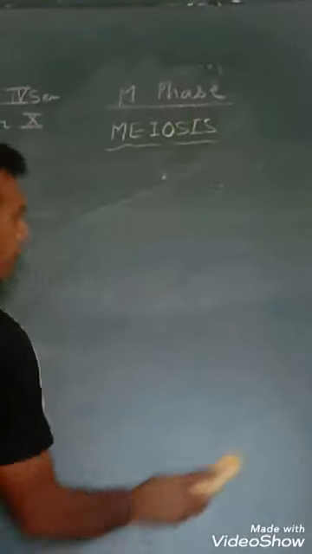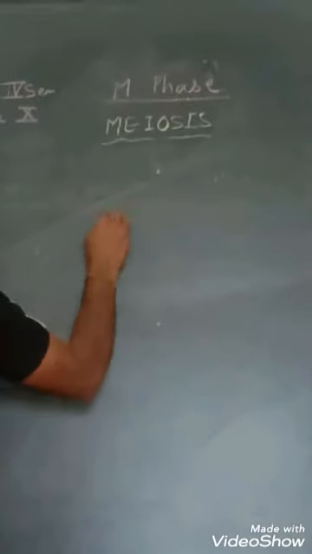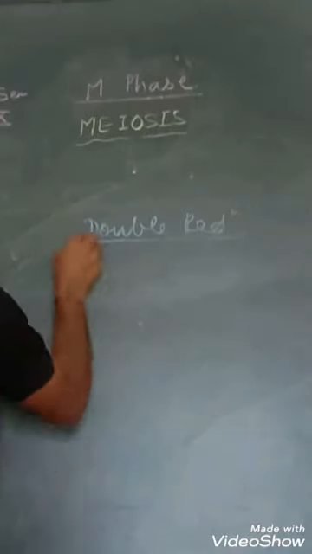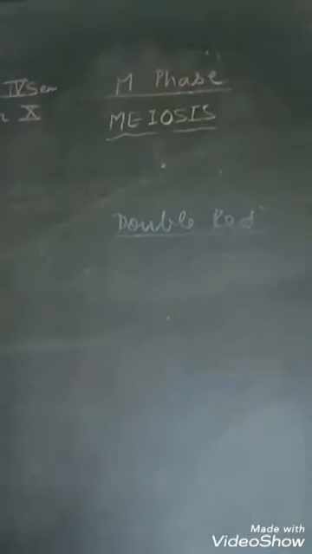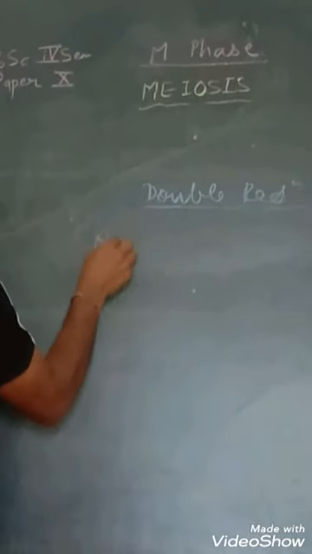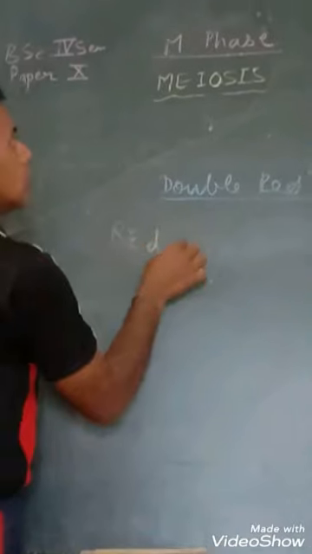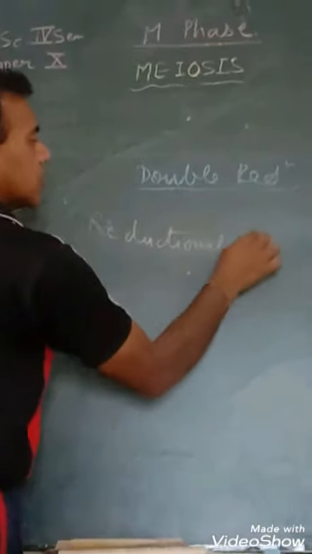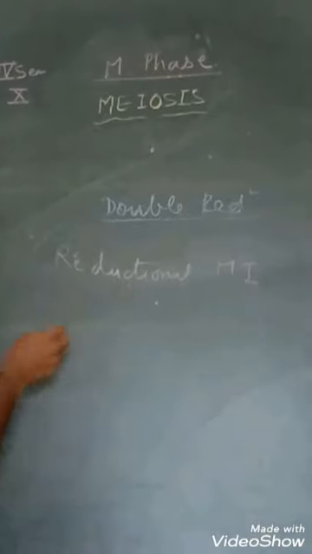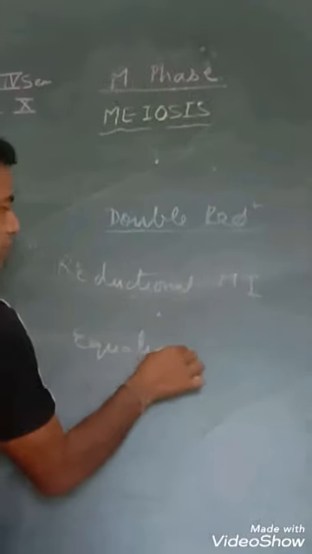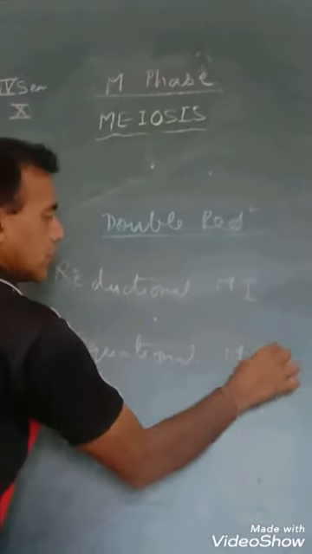Meiosis is a process of double reduction. How double reduction? Here, reduction takes place at two levels. First is the reduction division, that is meiosis 1, and another one is equational division, that is meiosis 2.